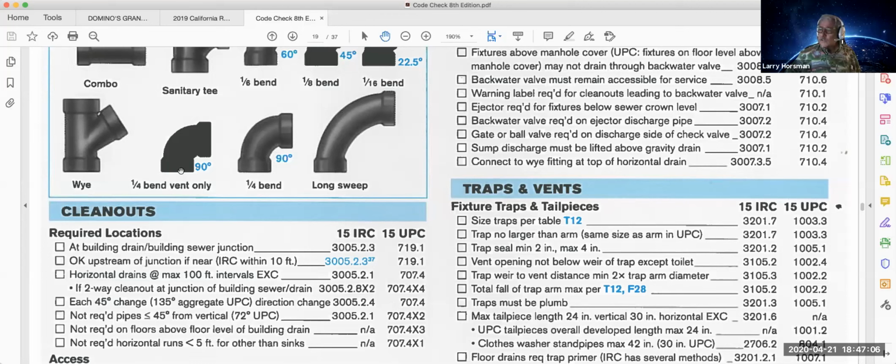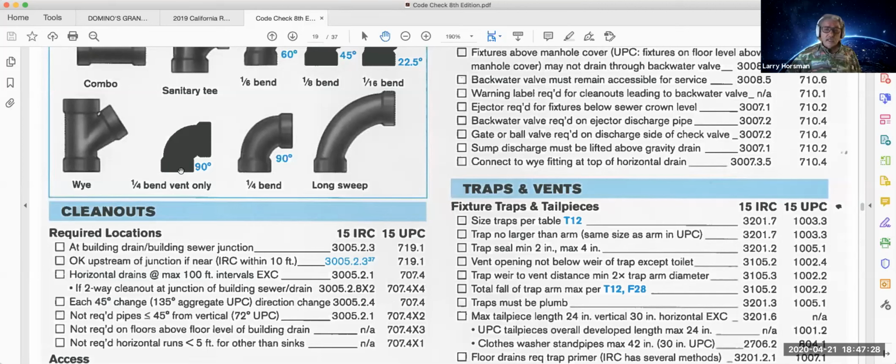There is an exception there, and that's if you provide a two-way cleanout at the junction of the building drain and the building sewer. And we said that the building drain gets renamed and becomes something called the building sewer, 2 feet outside the walls. And why they picked that, I don't know.